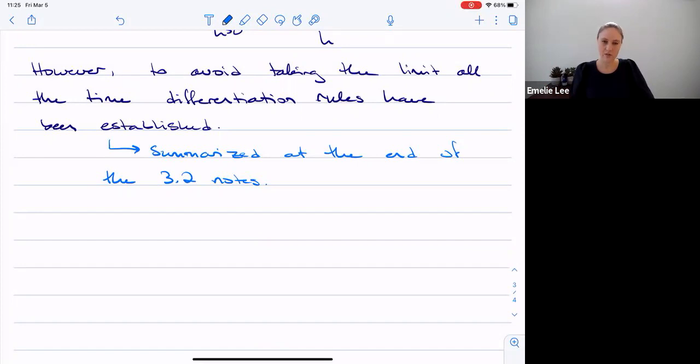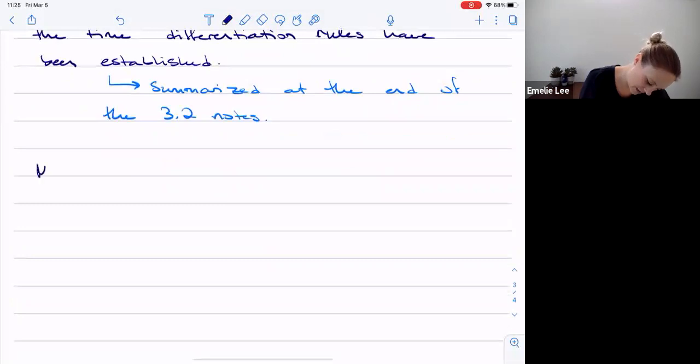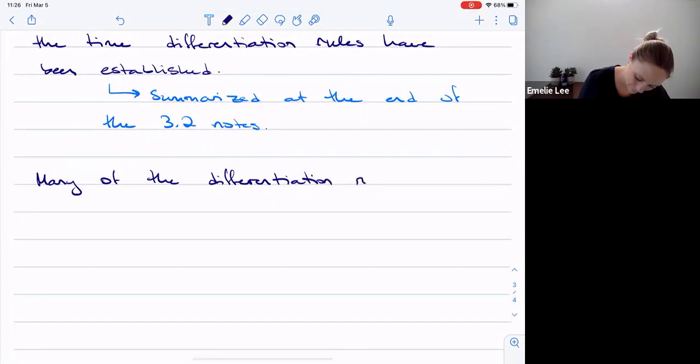Okay, so a lot of these are proven using the limit definition in the textbook. So many of the differentiation rules are proven, right?